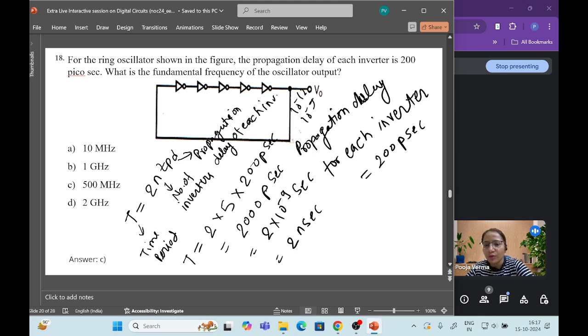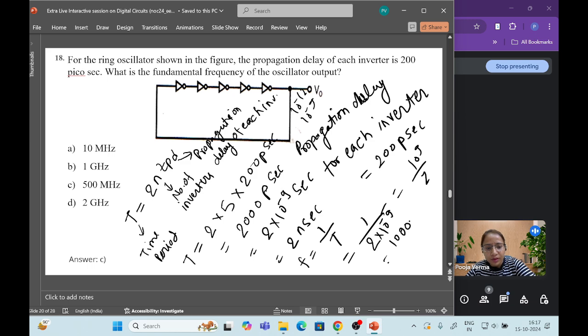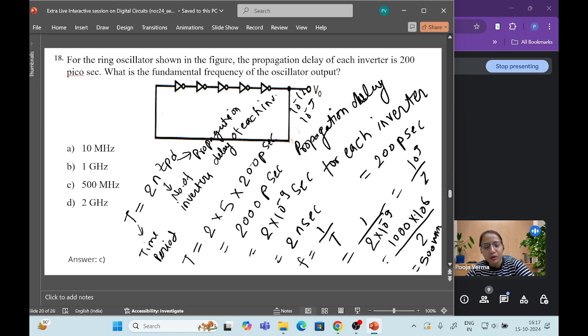Okay, so now we have to find out what will be the fundamental frequency. We already know that the fundamental frequency f is equal to 1 by T. So 1 by 2 nanosecond, you can write it as 10 to the power 9 divided by 2. So we can write it like this, 10 to the power 6, right, by 2. So we get 500 megahertz. 10 to the power 6 is represented by mega.